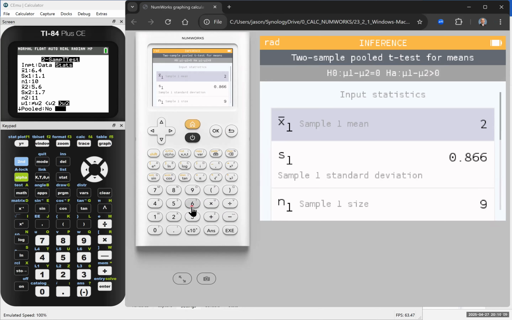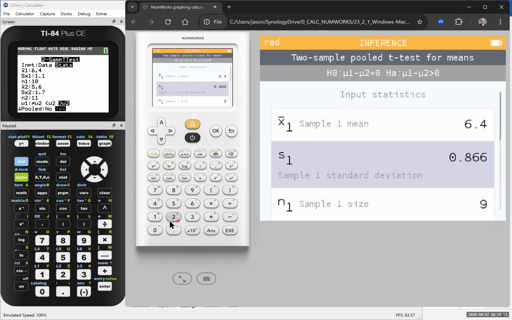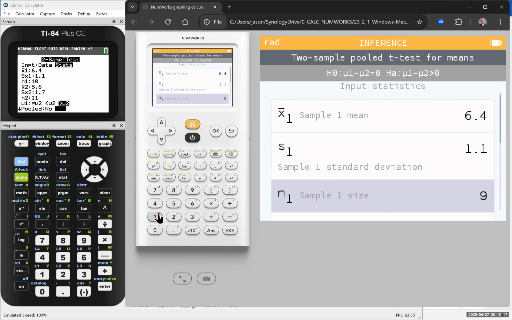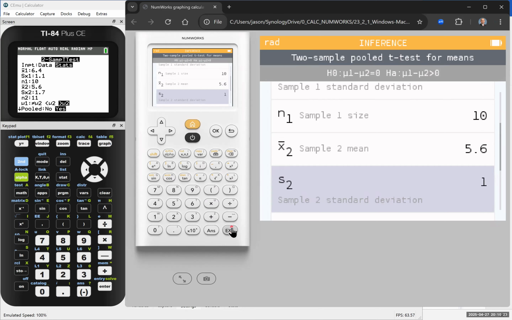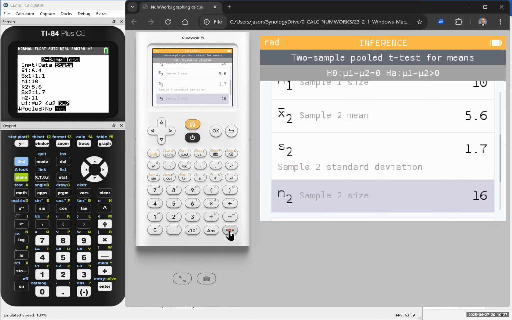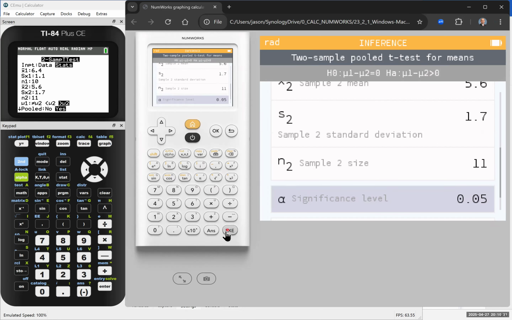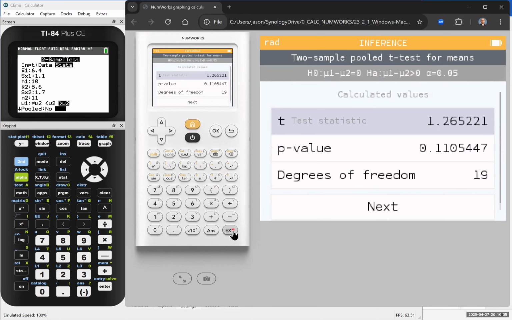And x bar 1 is 6.4. S1 is 1.1. N1 is 10. X bar 2 is 5.6. S2 is 1.7. N2 is 11. Okay, 5% significance level. Hit next.